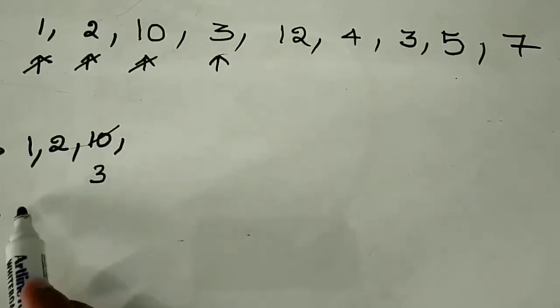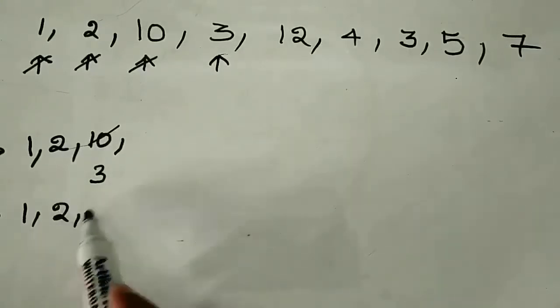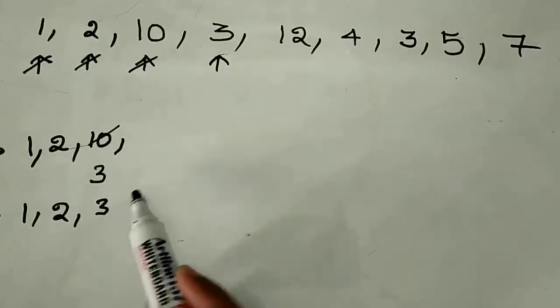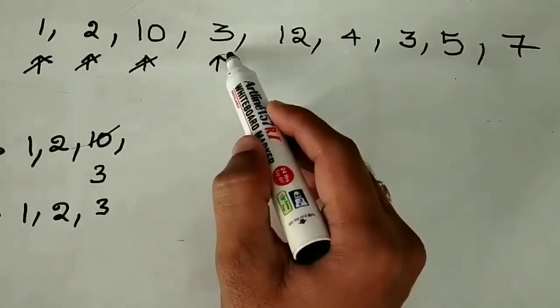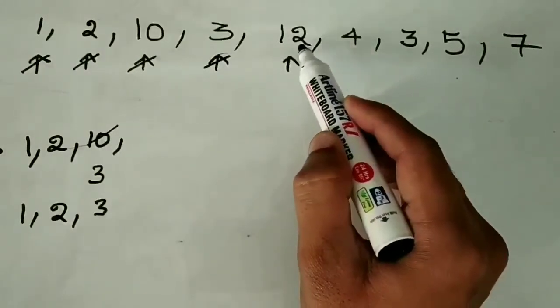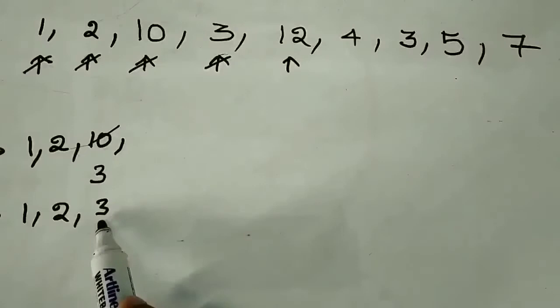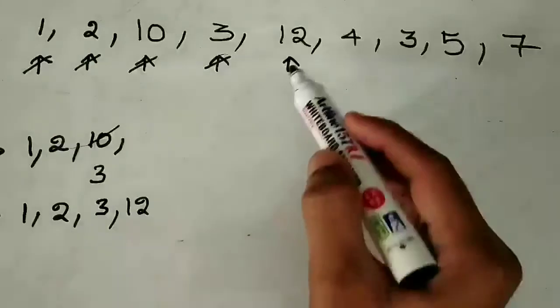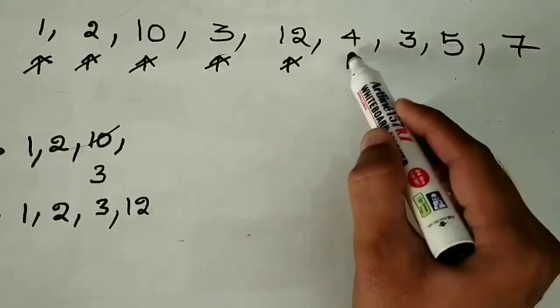Now our array will be 1, 2 and 3. So I am proceeding further, and the next element is 12. 12 is greater than the last element from the array, and that is 3. So I will simply add it here, and now I will move on to the next element.